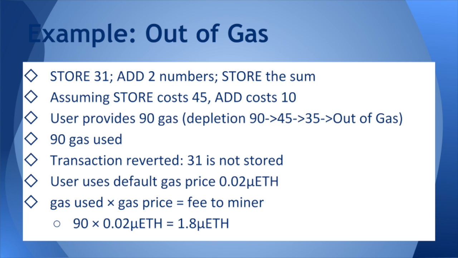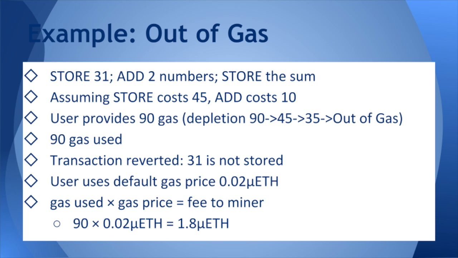And now this will basically hit or even go below zero, right? The point at which it hits zero is an out-of-gas exception. And what that means is 90 gas has been used, and the transaction is reverted.